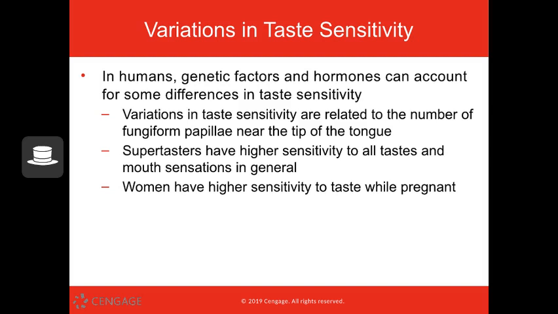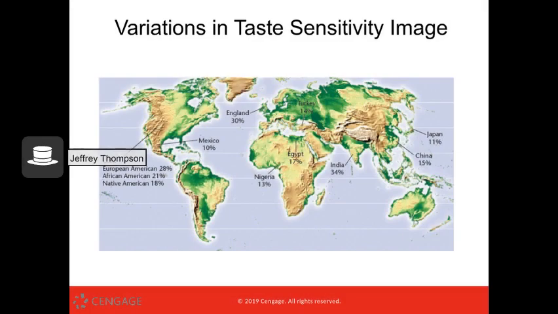So we have people who are super tasters who have a higher sensitivity to all tastes and mouth sensations in general. Also, if you are pregnant, you are more likely to have a higher sensitivity to taste. People who have low sensitivity to taste are called non-tasters, very creative name.